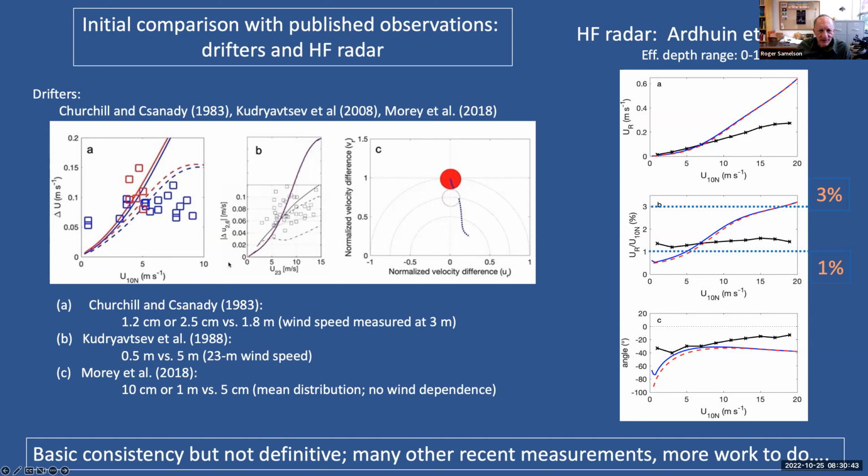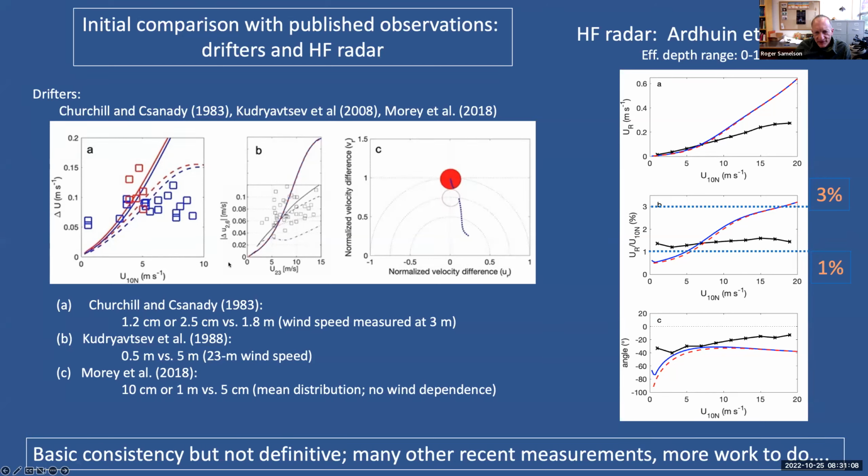And you can see that the upper shear, which is between 5 centimeters and 10 meters in this normalized velocity depiction, those dots fall within the red circle, so it's sort of in the right place. For the deeper shear between 1 meter and 5 centimeters, the dots tend to show a lot more shear.